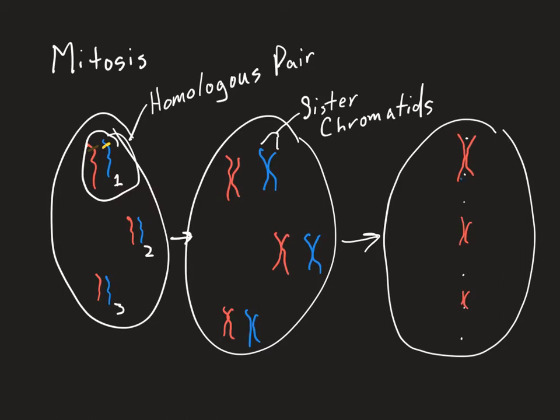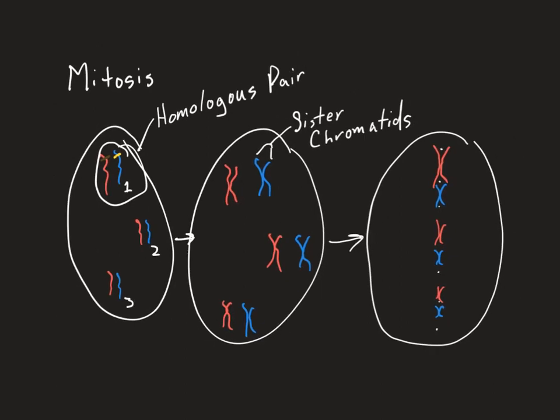And so there are both of the chromosome type 1, both of the chromosome type 2, and both of the chromosome type 3 lined up right on the metaphase plate. And so this is important. Right now, the sister chromatids are lined up across from each other at the metaphase plate.